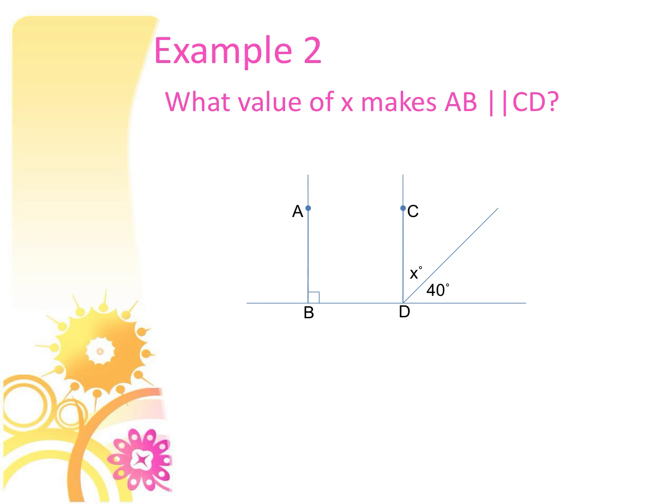So they want us to find what x value makes AB parallel with CD. Now, we're going to use corresponding angles because we really don't have much else to go off of. I'm going to mark the transversal first. So again, this is a transversal.